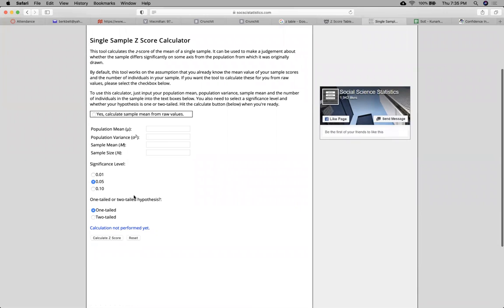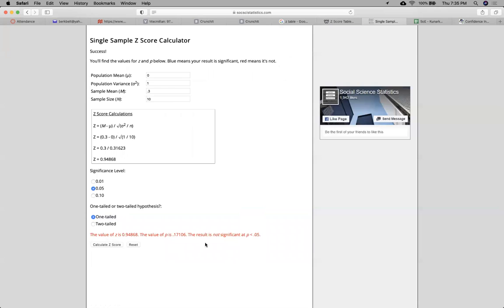This is one-tailed. Significance level is 5%. That's the cutoff. Sample size is 10. Sample mean is 0.3. Population variance was 1. Population mean is assumed to be 0. And I think that's it. So here we go.